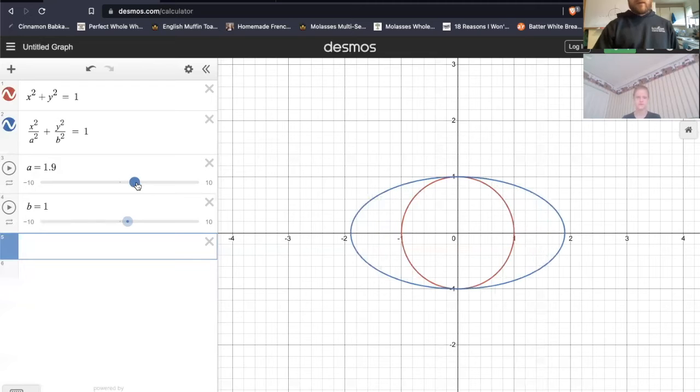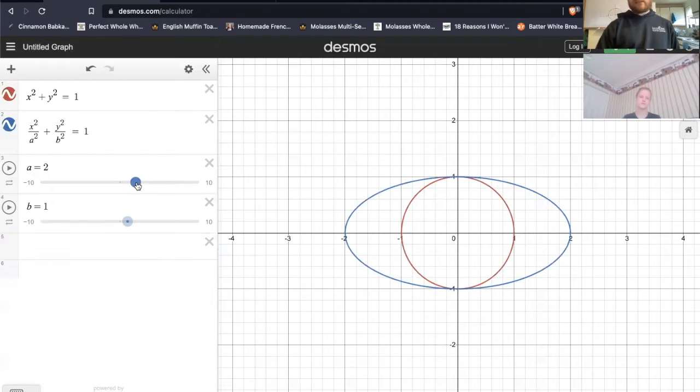When I make it bigger, it actually stretches it out. Now what I'm graphing is x squared over 2 squared, which stretches that circle out in the x direction to +2 and -2.